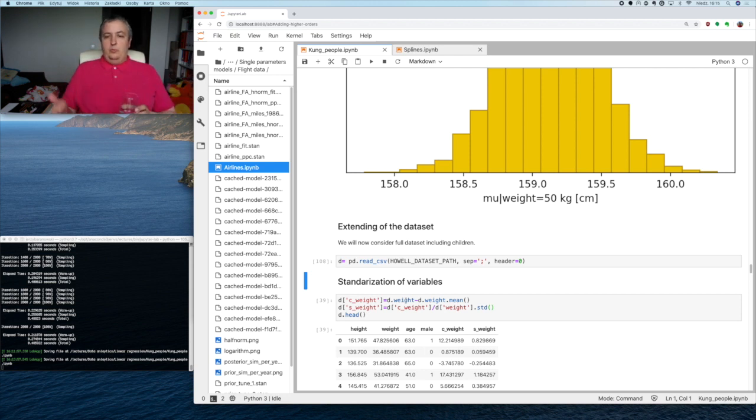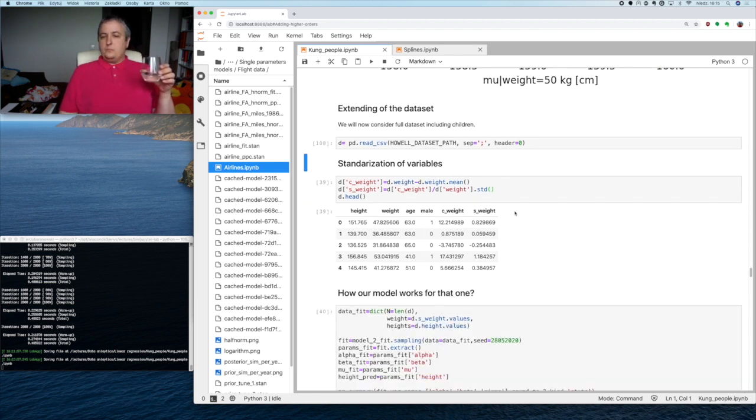But for this case, with simple standardization, as you can see, it's much easier to interpret what we are doing here.